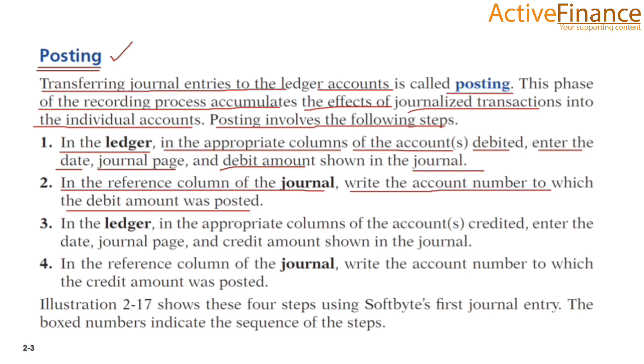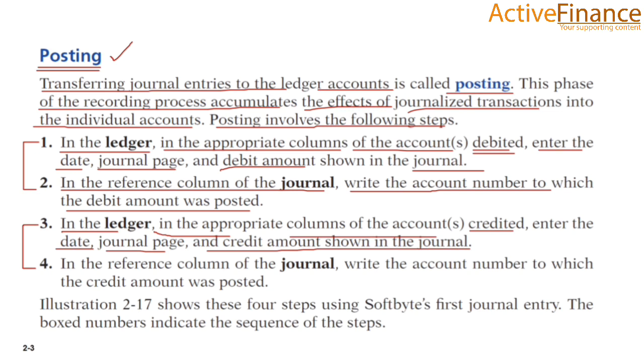Now the third is the same as the first. There are two effects of each transaction, so these are related steps. If the transaction is credited, then in the ledger, in the appropriate columns of the accounts, we will similarly enter the date and journal page and the credit amount shown in the journal.